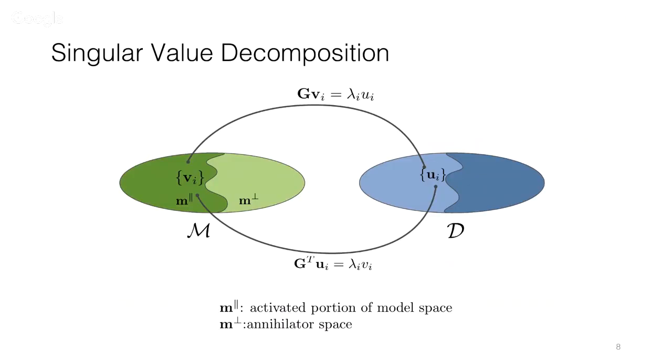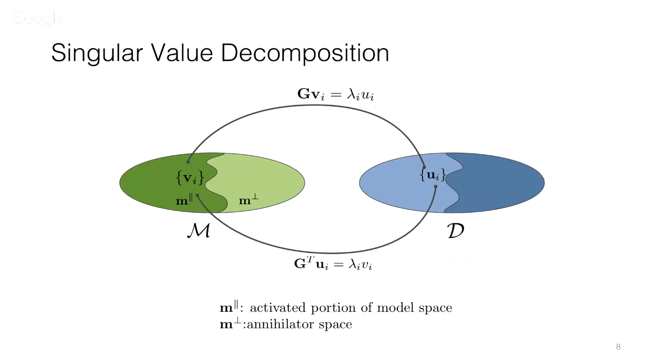The interesting thing about this is that if I start with a vector vi in this space, it's actually connected with a ui here. So these vectors u and v are intimately connected, and the matrix G is the thing that connects them, as well as the singular value lambda.